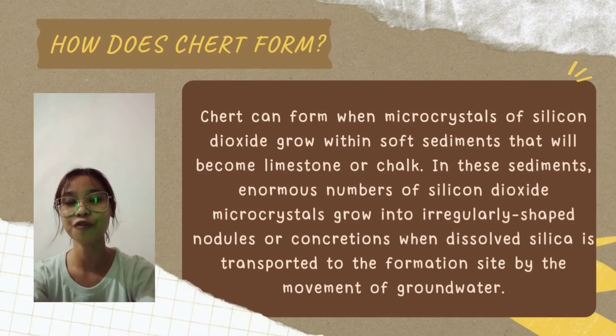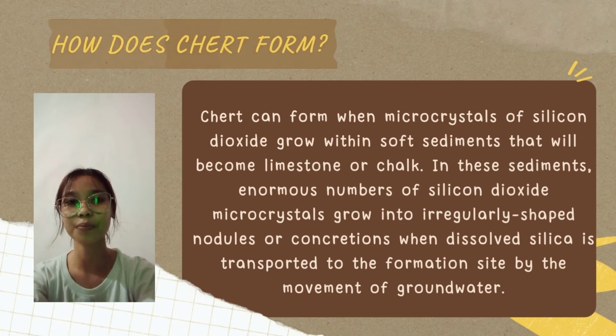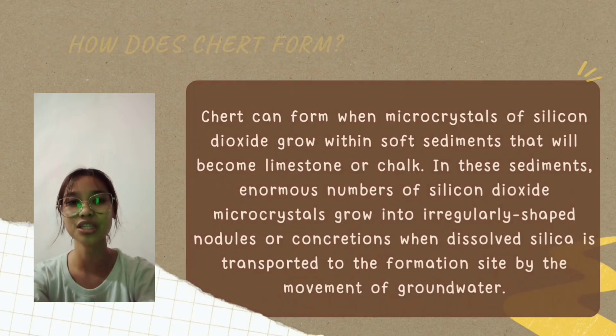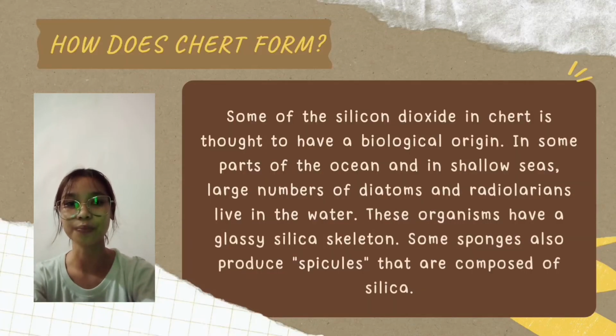How does chert form? Chert can form when microcrystals of silicon dioxide grow within soft sediments that will become limestones or chalk. In these sediments, enormous numbers of silicon dioxide microcrystals grow into irregularly shaped nodules or concentrations when dissolved silica is transported to the formation site by the movement of groundwater.